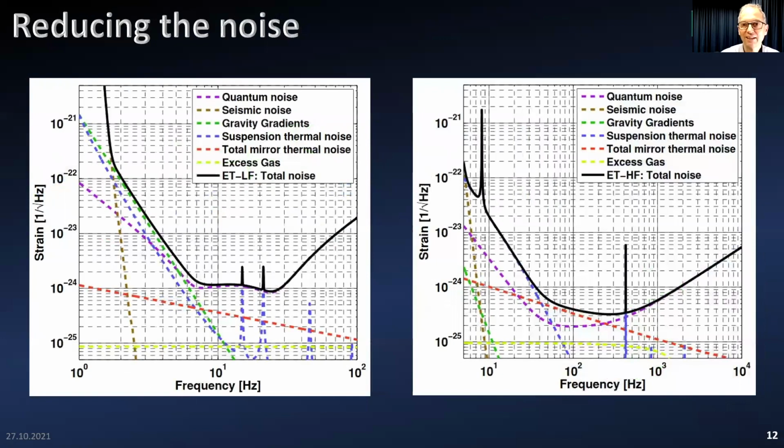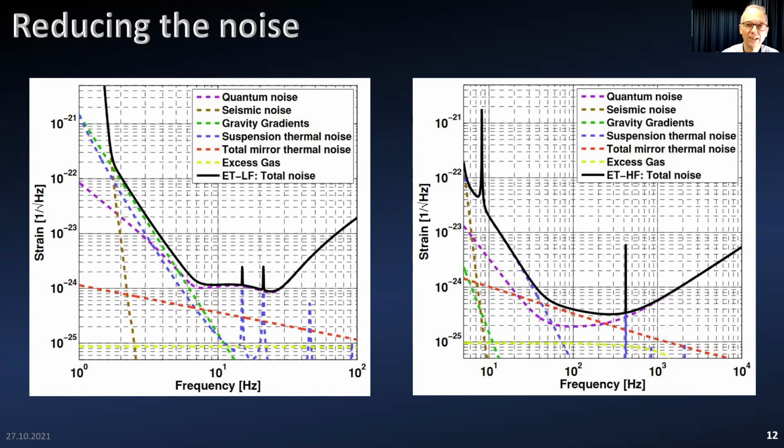The second thing we can do is reducing the noise. All the artificial changes of length of the arm cavities, vibrations of the mirrors, movements of the mirrors, all these things. And here you see the noise curves. First of all, you see two, because each gravitational wave detector for the Einstein telescope, there will be 3 of those detectors, is composed of 2 interferometers.